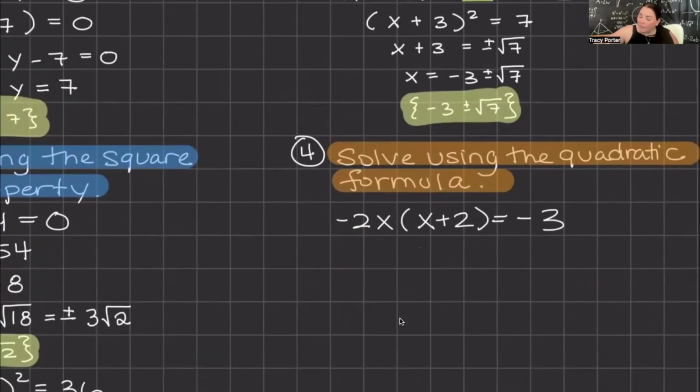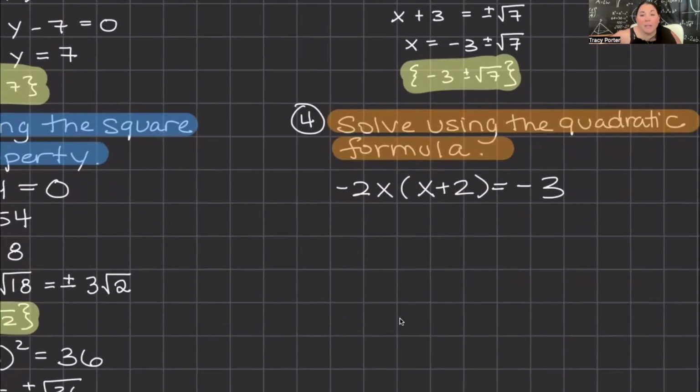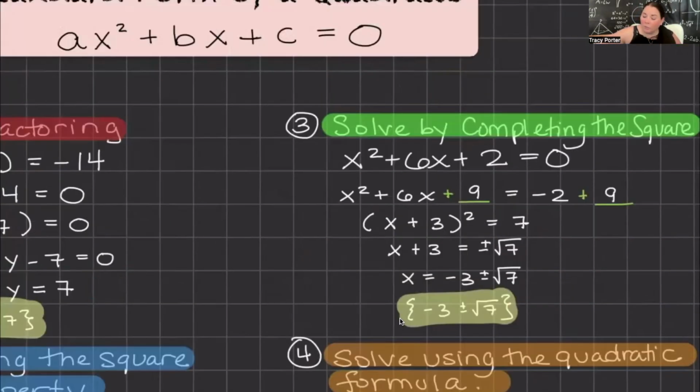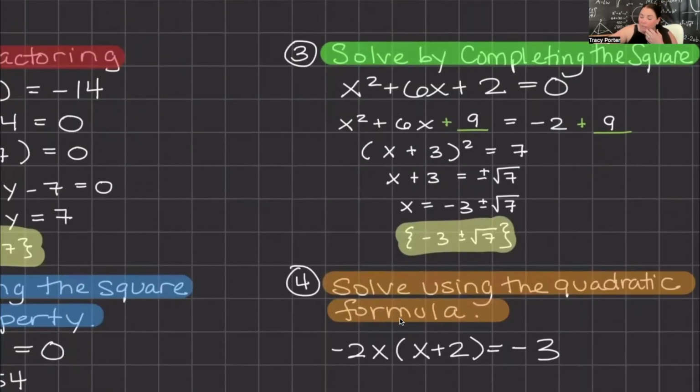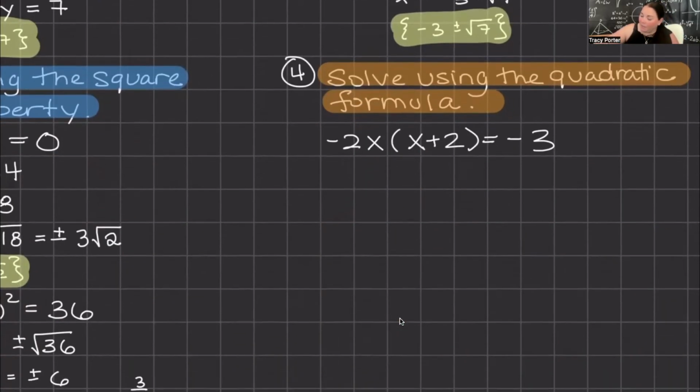And finally, the last example, just as a reminder, is we're going to use the quadratic formula, which is also listed above. Okay, so we're going to use our quadratic formula, and this one does have to be in standard form. So for factoring and for the quadratic formula, you want to make sure your equation's in standard form before proceeding with that method.